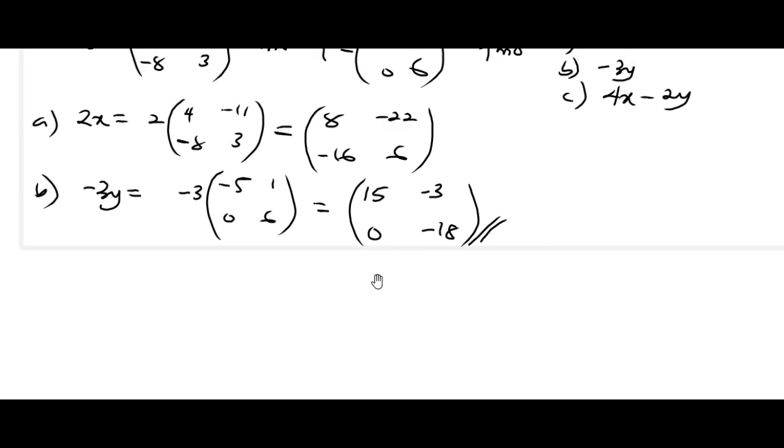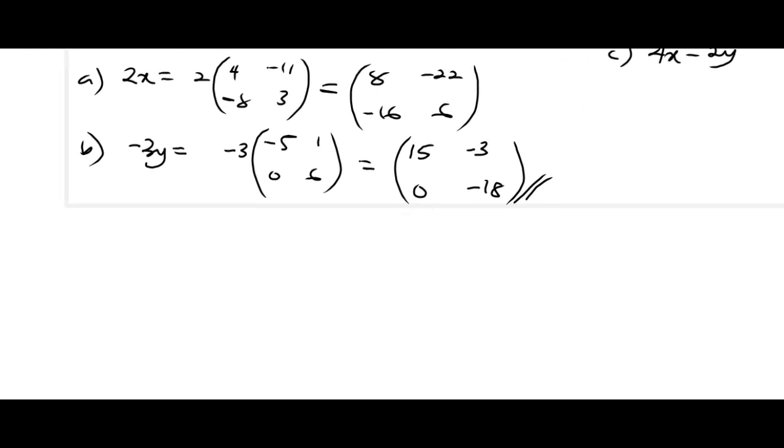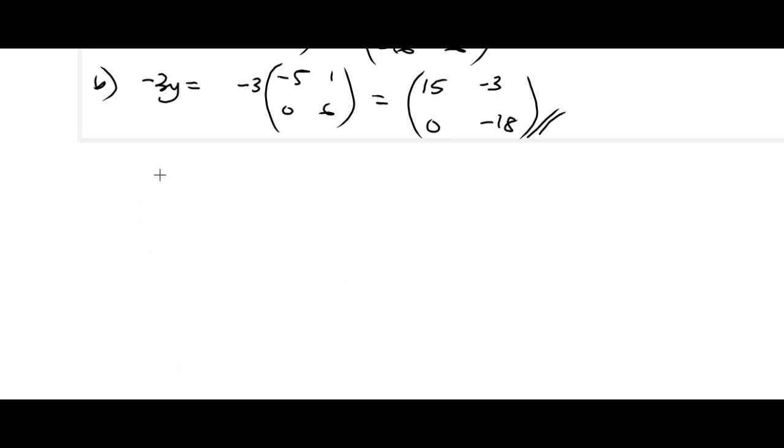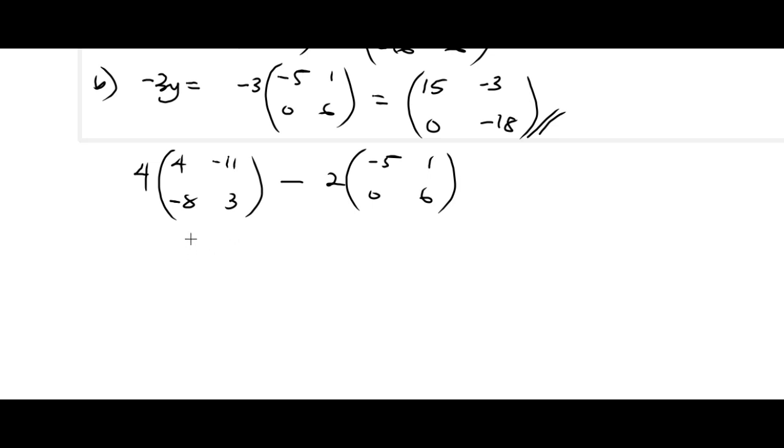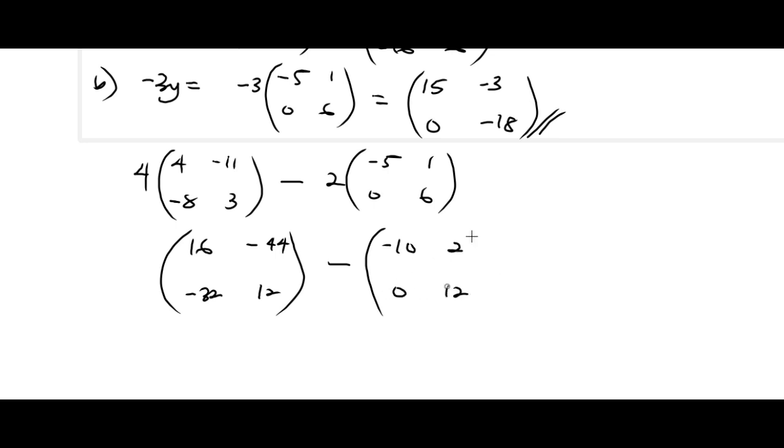Then for the last one, we have 4X minus 2Y. 4X minus 2Y will look like this: 4X, this is X, minus 2Y, this is Y. Alright, so this is going to be 4 times 4, 16, minus 44, minus 32, 12, minus, use 2 to open this bracket, we have minus 10, we have 2, we have 0, we have 12.